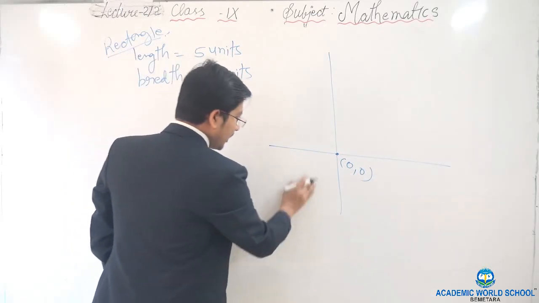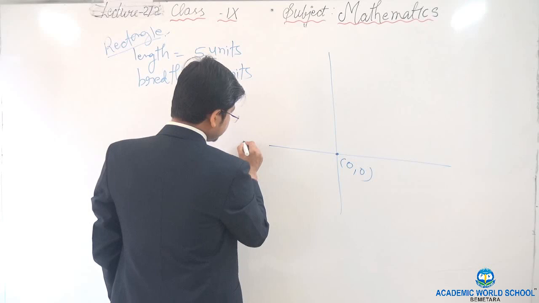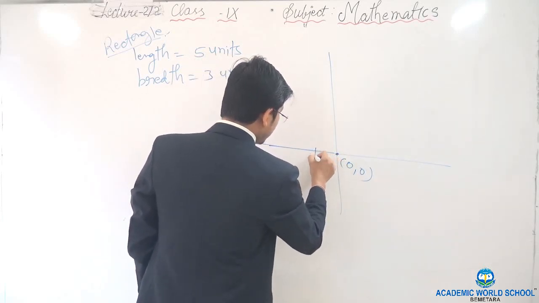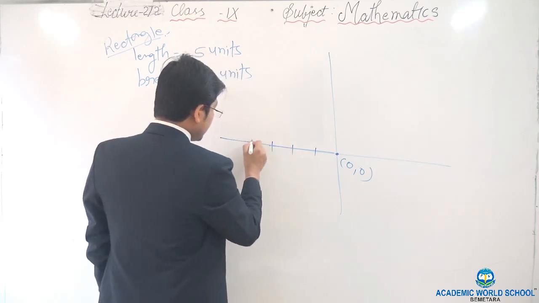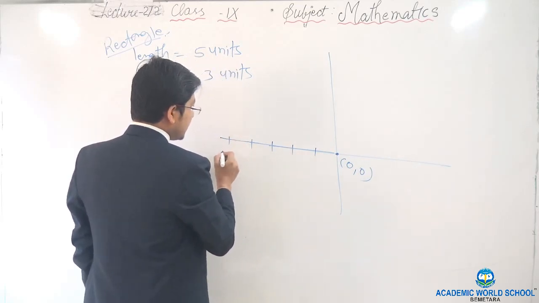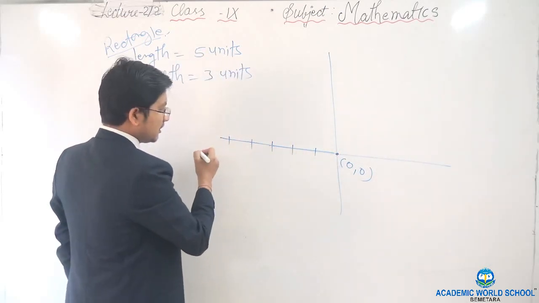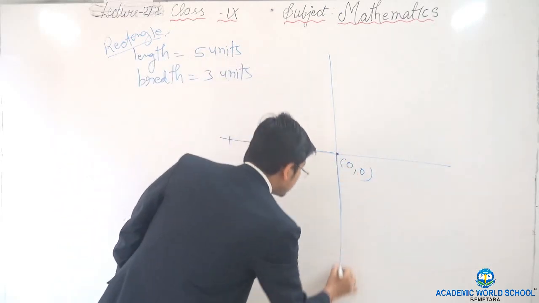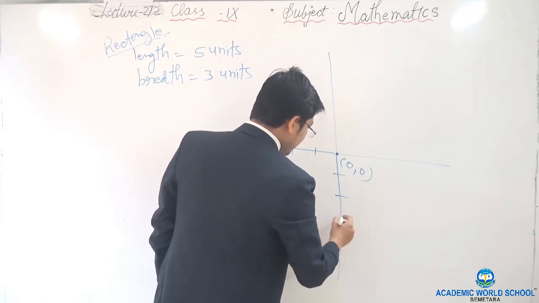So this is the third quadrant. So this is 1, -1, -2, -3, -4, -5. So this is 5 units, so this will be the length. And now the breadth is 3. So this is 1, -1, -2, -3.